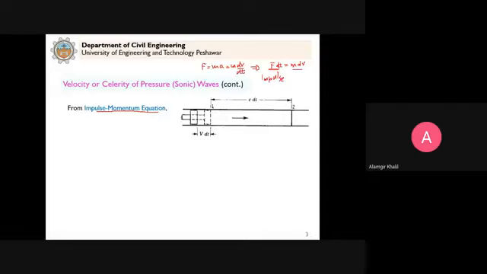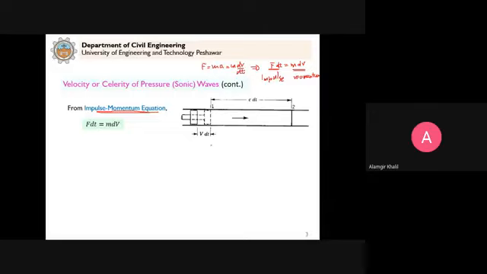And we already know that the product of mass and velocity is known as momentum. That's why we have this impulse momentum equation. So I can write F into dt is equal to m into dv, where dv is the change in the velocity.